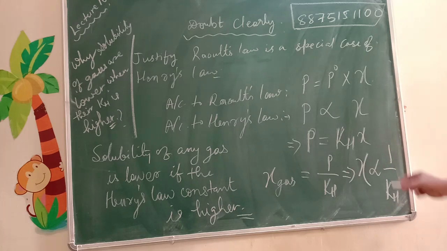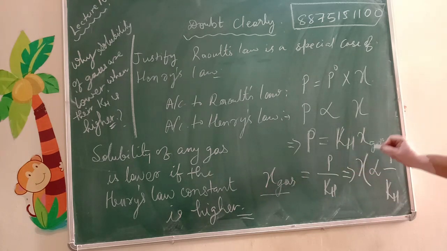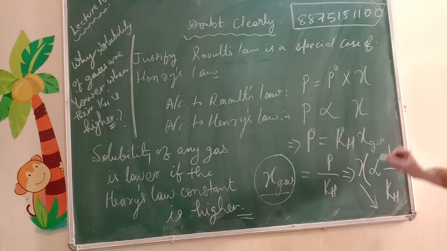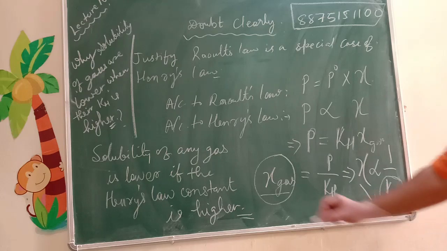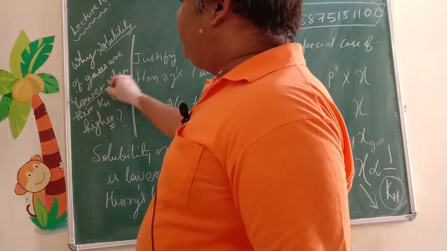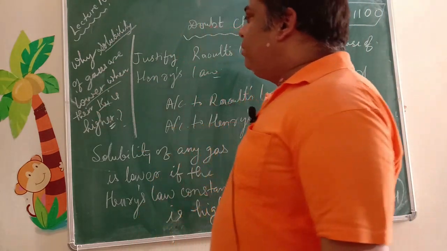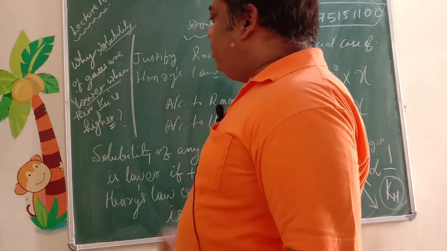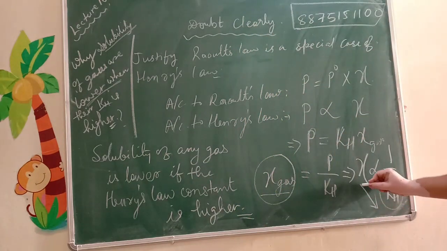So we can write solubility of the gas is equal to vapor pressure divided by Henry's law constant. So very clearly solubility of the gas is inversely proportional to the KH value. So solubility of the gas with higher KH value will always be lower. So lower the KH value, higher will be the solubility, and higher the KH value, lower will be the solubility, because it is the inverse relation here.